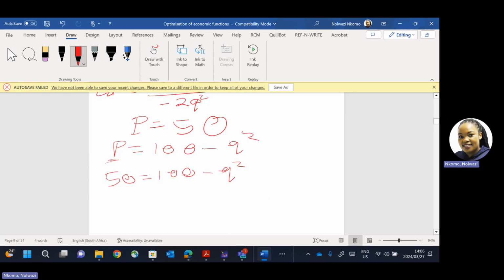If you solve for Q here, you'll have Q squared equals 100 minus 50, and this is 50.